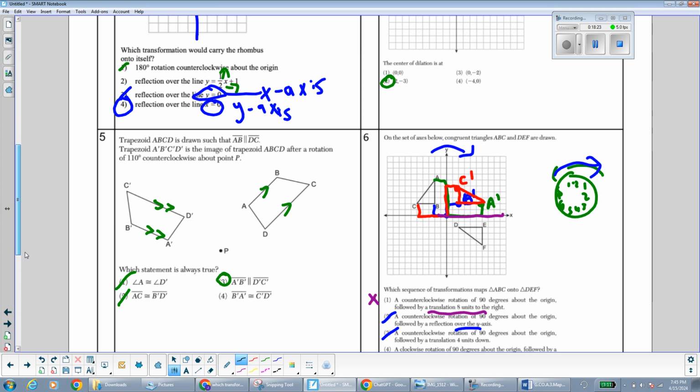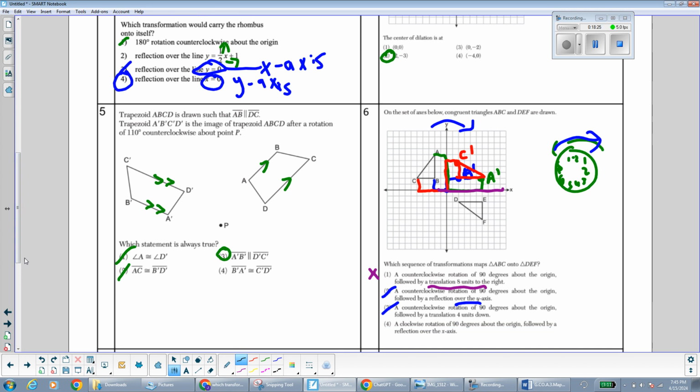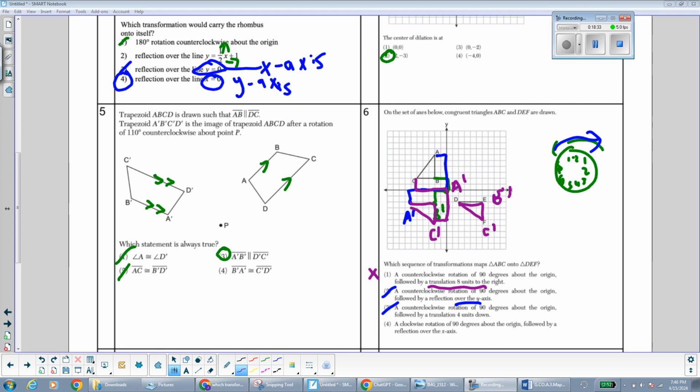And our correct answer choice was answer choice number 1. I'm going to put it back on here. And here is the correct answer choice back. That is answer choice number 1.